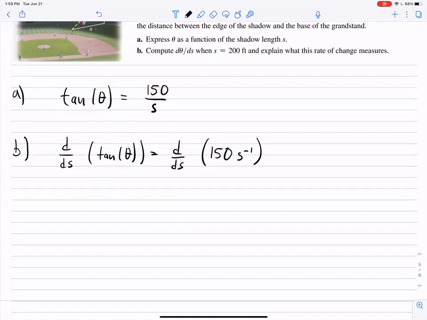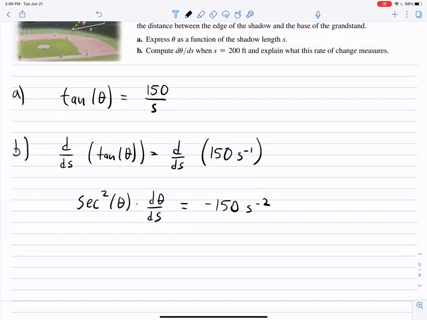And what's the derivative of tangent? Well, we know that it's secant squared theta, and then times d theta ds. And then that's going to be equal to, taking the derivative of this with respect to s, negative 150 s to the negative 2 by the power rule.